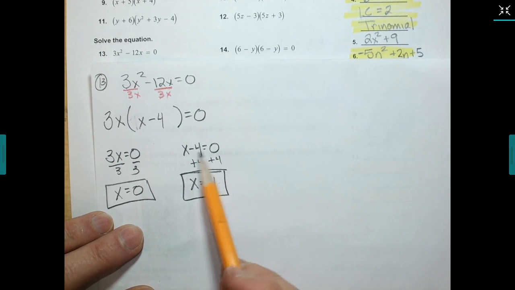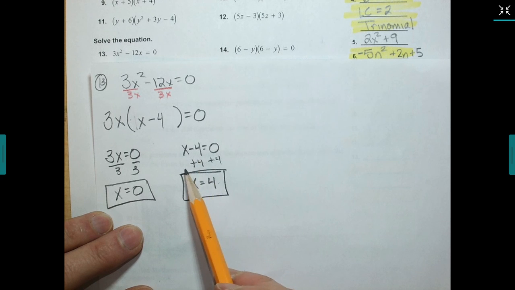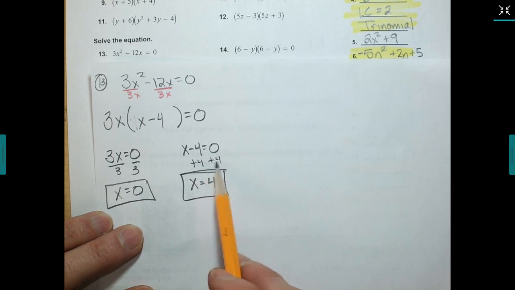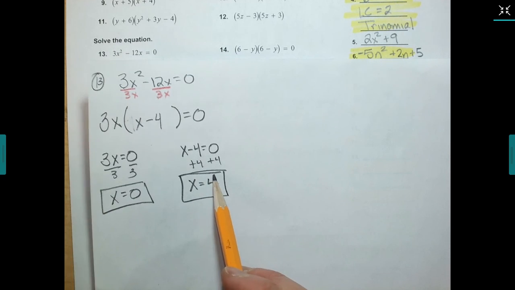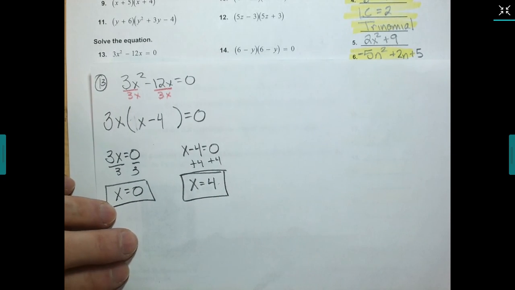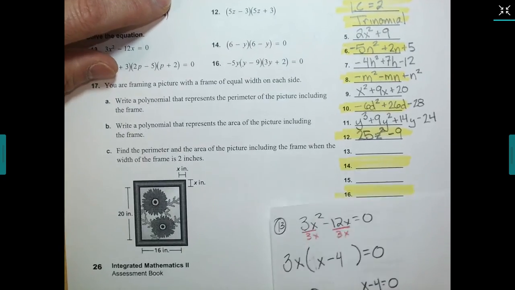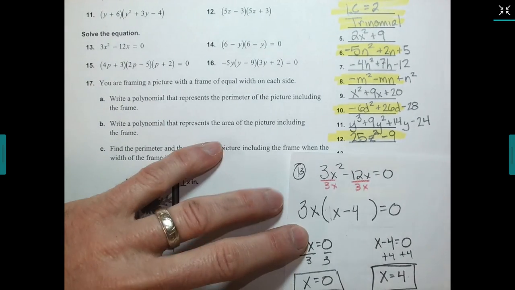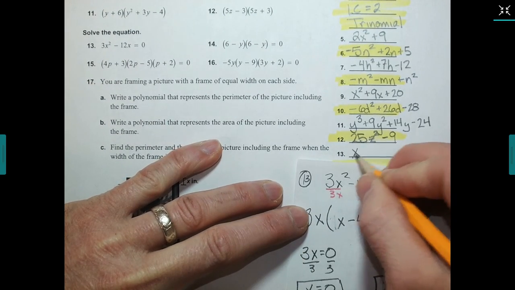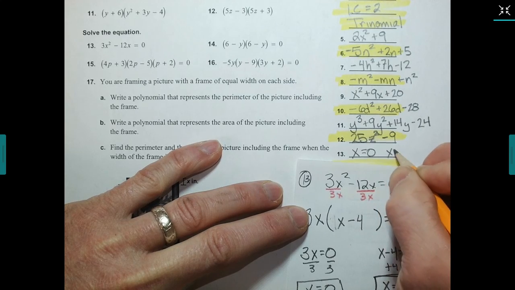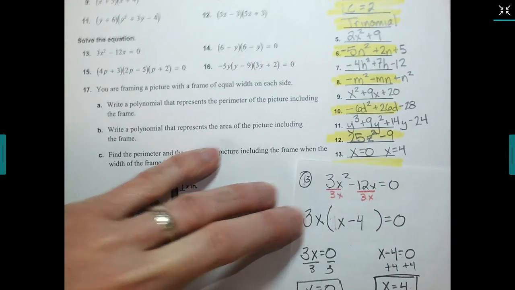I know you can look at this and say, oh, x equals a positive 4. But I would like to see this work. In order to get credit, make sure you have this work so that each step you know you're getting the correct answer. So that's number 13. I have x equals 0, and x equals 4.